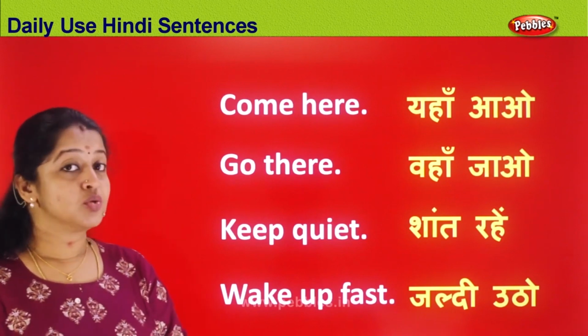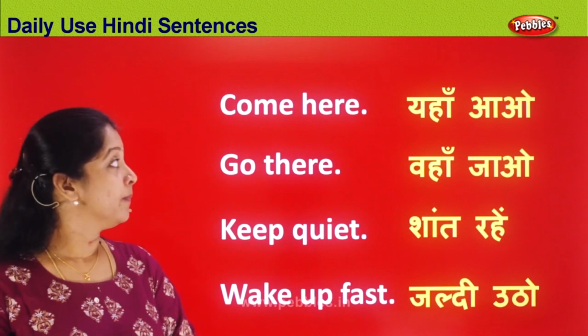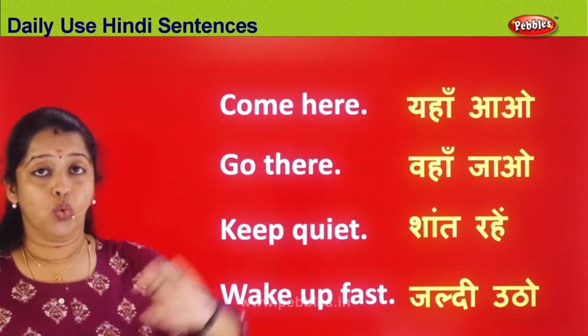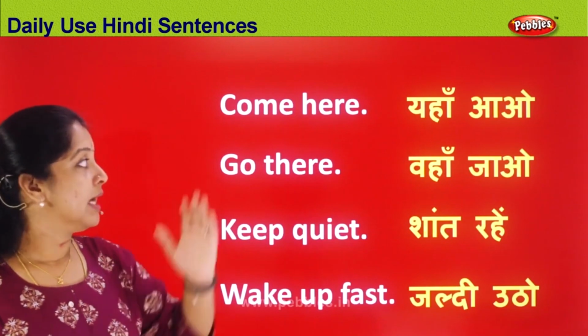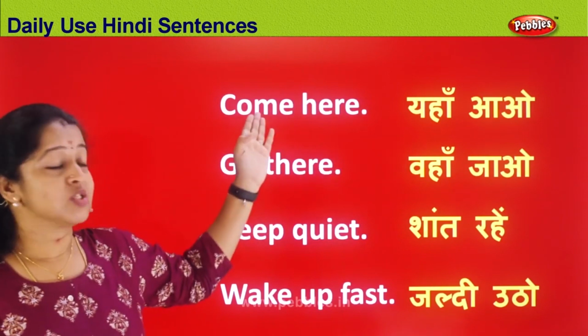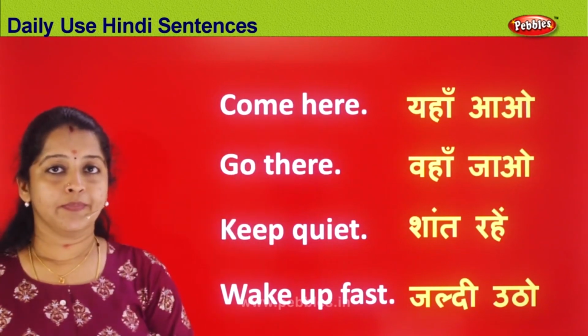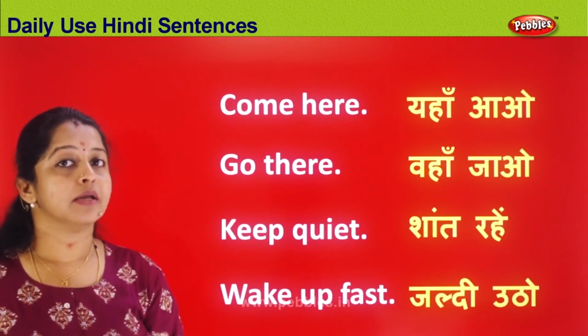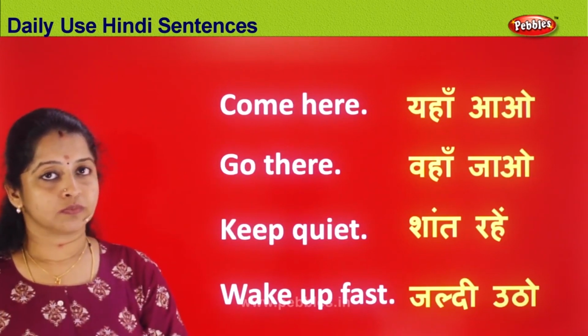Alright, so let's do a quick recap once again. Come here can be said as yahan aao. As I said earlier, yahan stands for here and aao stands for come. Okay, Mohan yahan aao. Radha yahan aao.